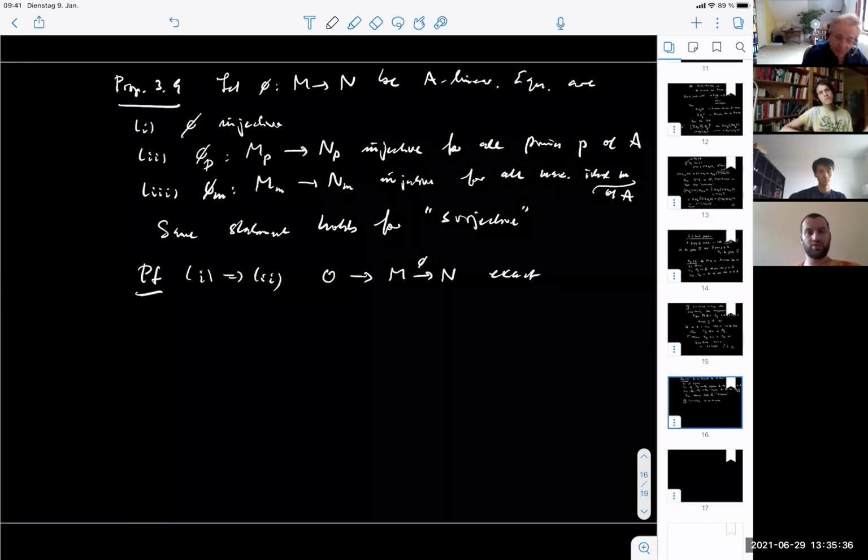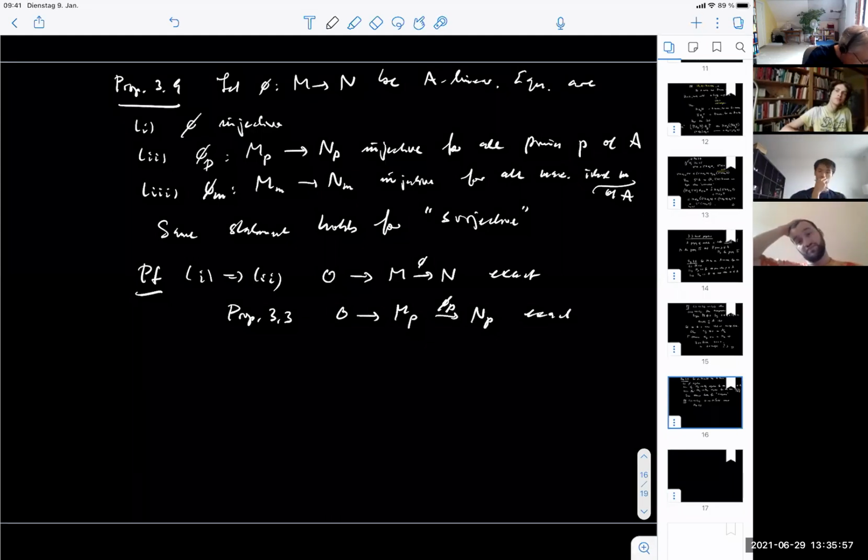This is exact, and this expresses that phi is injective. Then I apply proposition 3-3: I localize, and what I get must be exact. So phi p is injective. Good. Then from 2 to 3, this is clear.